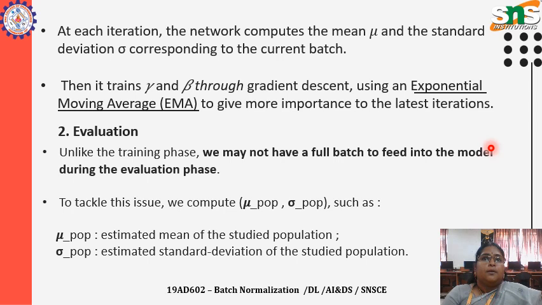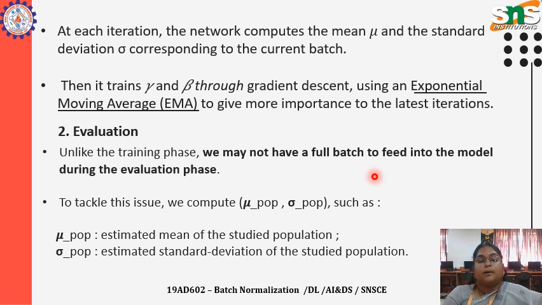So we can easily check what the desired output is and what the normalized output is, and it also calculates the gamma and beta values. This is the training part, the first part where we apply the batch normalization concept.